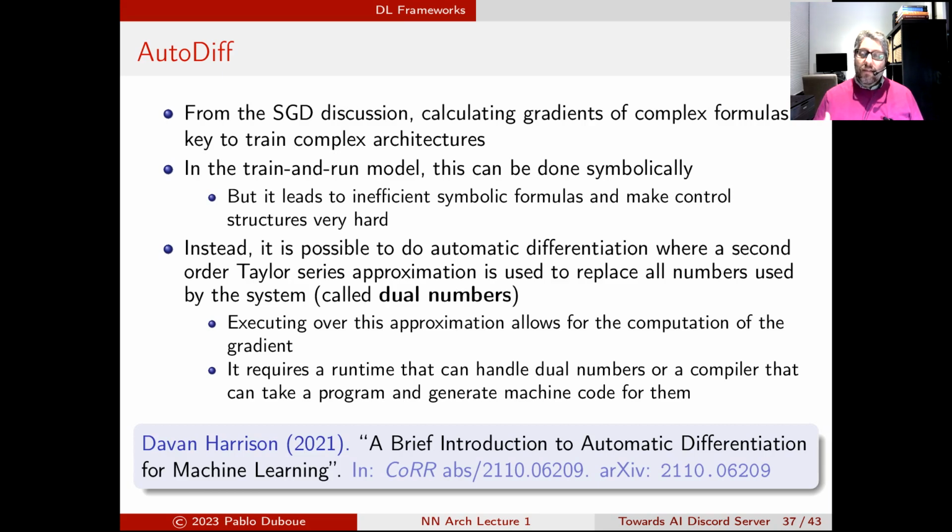Then the system executes over these approximations, and this allows the direct calculation of the gradient. But it requires a runtime that can handle dual numbers, or a compiler that can take a program and generate machine code for them. PyTorch and TensorFlow 2.0 all do this type of thing under the hood.